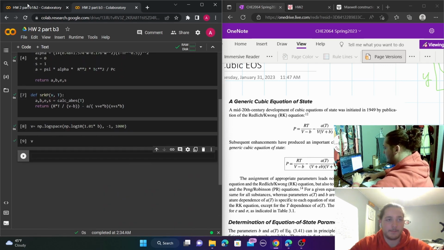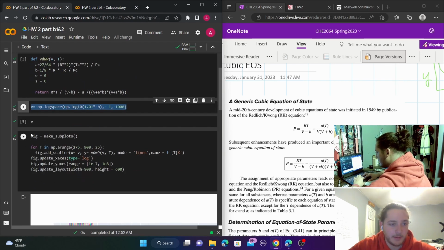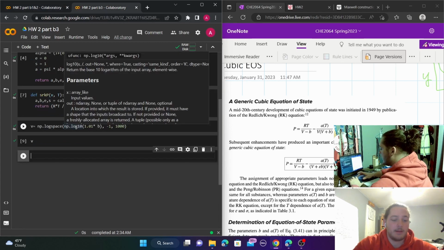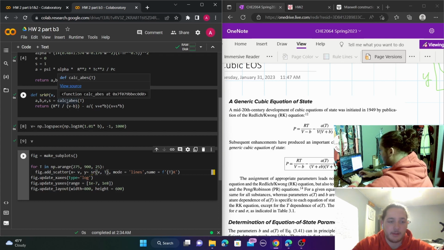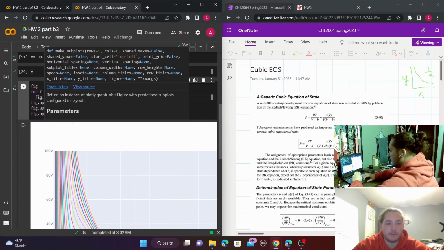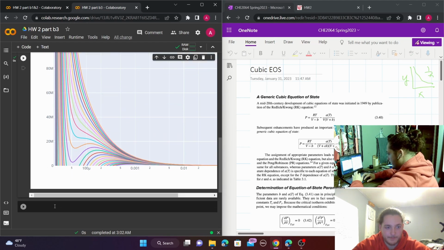So next, I'm also going to pull this so I don't have to type it all again. But you notice here we have our van der Waals equation. So instead of this, we are going to use our SRK P.